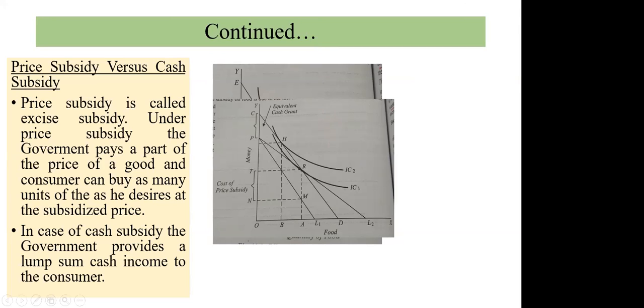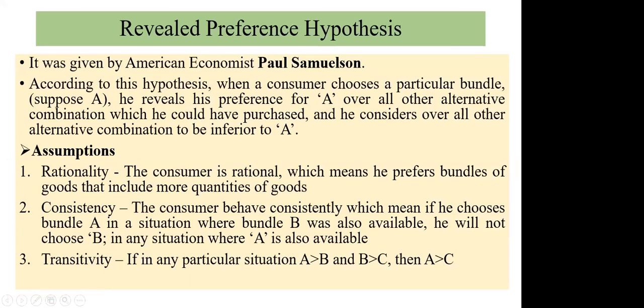Okay. So I'm moving to the last and final topic, which is the revealed preference hypothesis. The revealed preference hypothesis, as we all know, was given by an American economist, Paul Samuelson. He said that, suppose I'm a consumer and I want to buy a shirt, and there are 5 shirts given to me, and I prefer a particular red shirt over all the other alternatives.